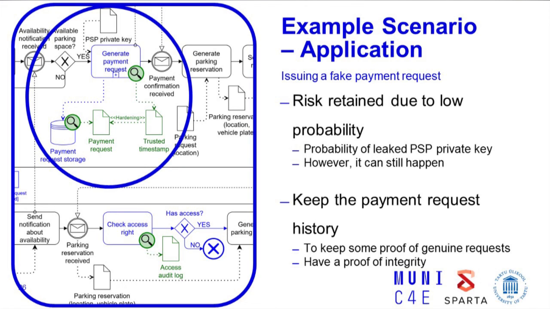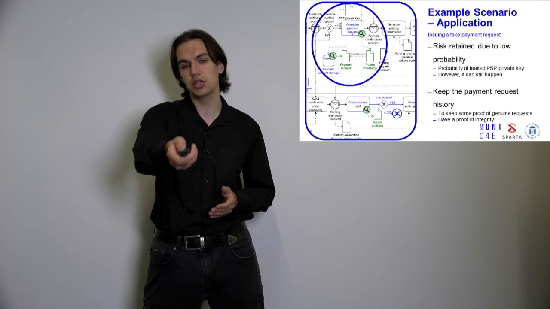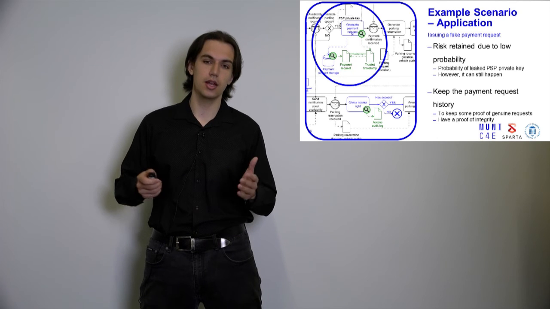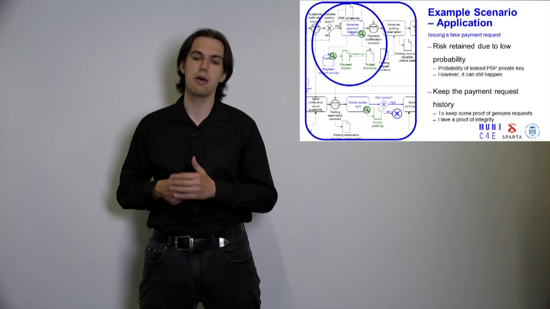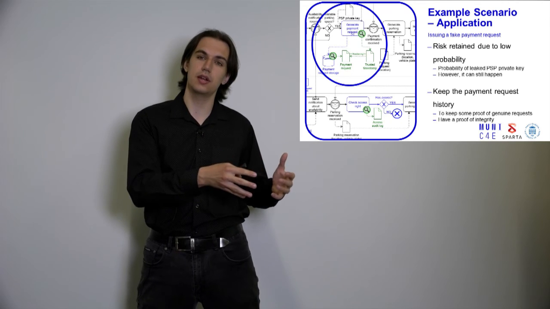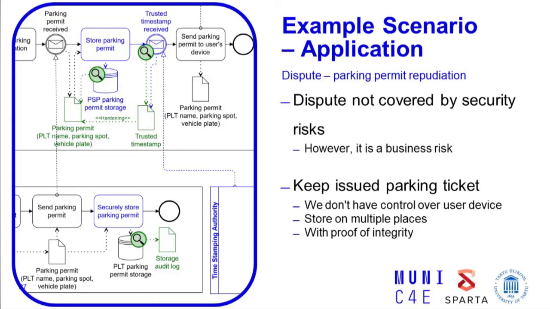So how do we avoid that? Or rather, detect that is the better word. We keep the history, and also we keep the integrity of the history by trusted timestamp. And you can see it in the picture. There's a relationship hardening, which means the trusted timestamp hardens the previous evidence by providing proofs of integrity.